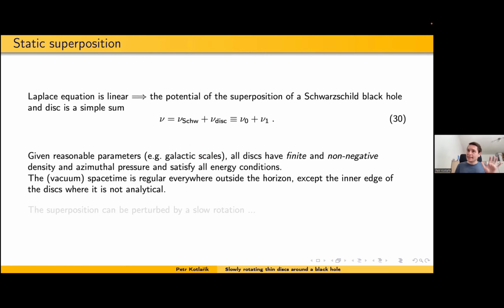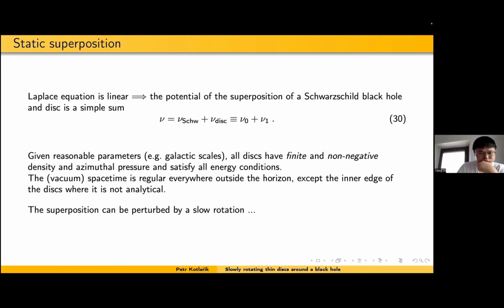And the vacuum space-time is everywhere regular outside the horizon, except for potential problems at the inner edge, where the higher derivatives, but only the higher derivatives of the curvature, don't have to be regular.